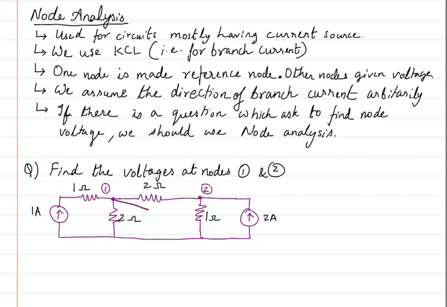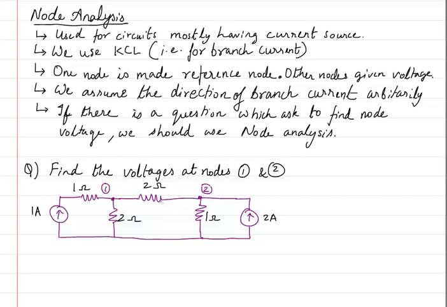Even this node can be taken as a reference node, or even this node. We can take any of the nodes and consider it as a reference node. That means it is grounded. If I draw it like this, it means that this particular node is grounded, so it has 0 volt. That node voltage is 0 volt, because a grounded node means 0 volt.